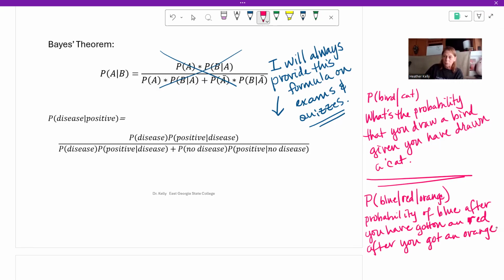Okay, so after and after. Remember that they're read this way when you're computing them.